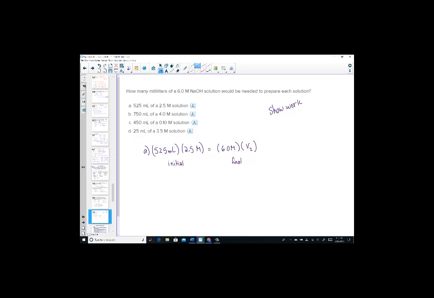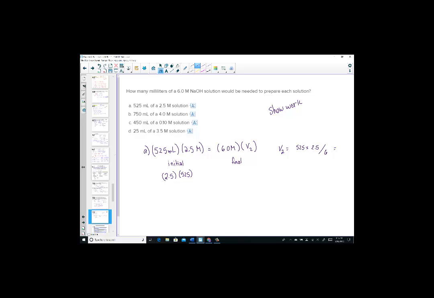So you can think about how many mL are needed in terms of MV equals MV. V2 comes out here by hitting 525 mL times 2.5 molar over 6 molar. And you know that this algebra does not matter. If I had put 2.5 first or 525 first, it doesn't matter. You're going to get the same answer.